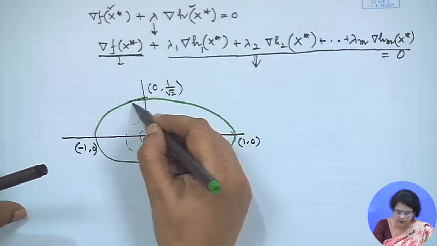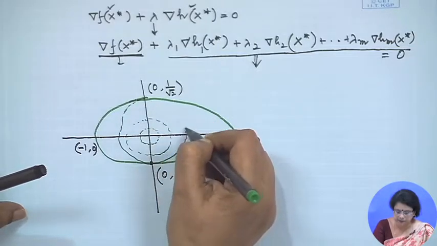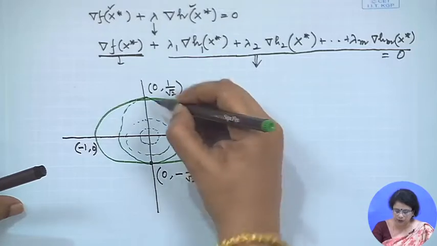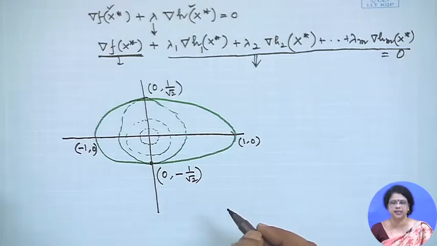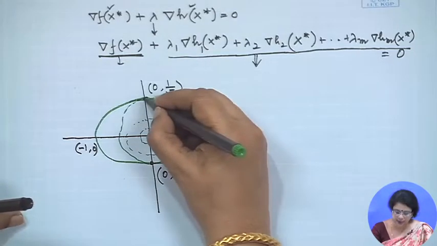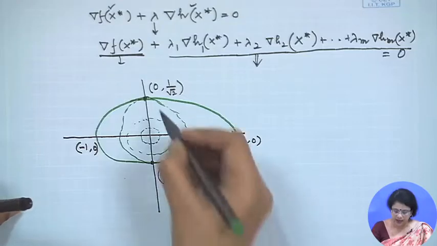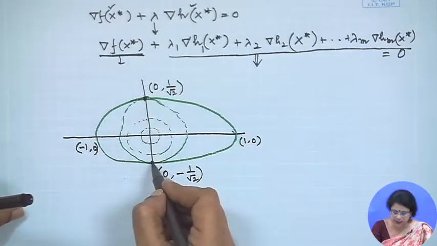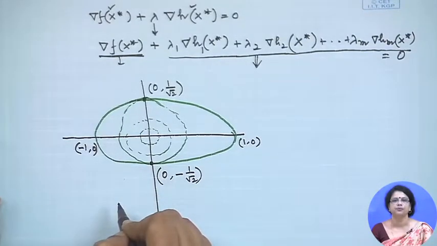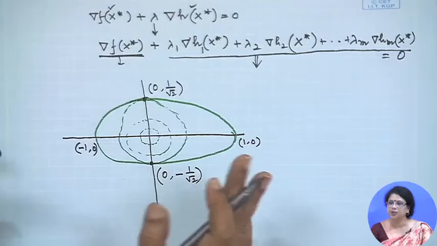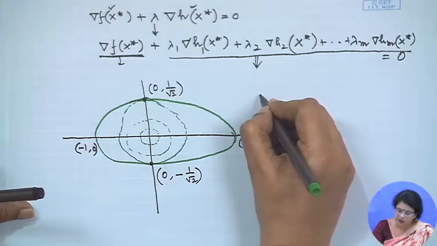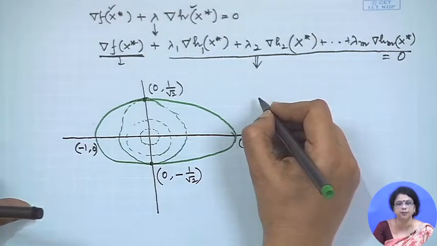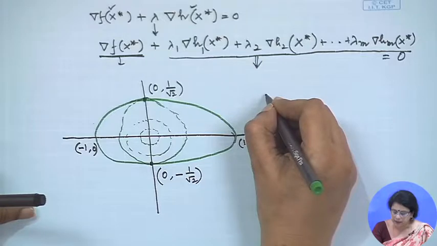What should be the minimum value of the radius of the circle when it first touches the feasible space? Certainly, this is the point. That could be one optimal point, and this could be another optimal point. We have to find out these two minimum points. We want to get all these, the maximum points and the minimum points together, mathematically.